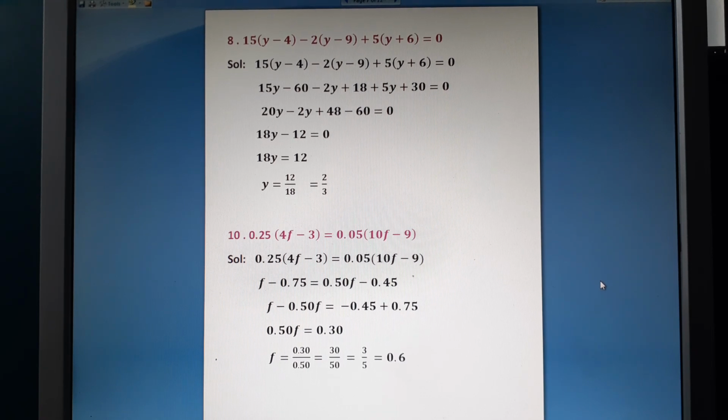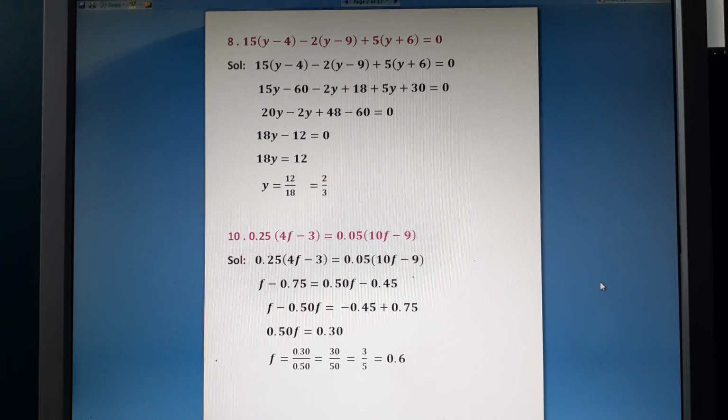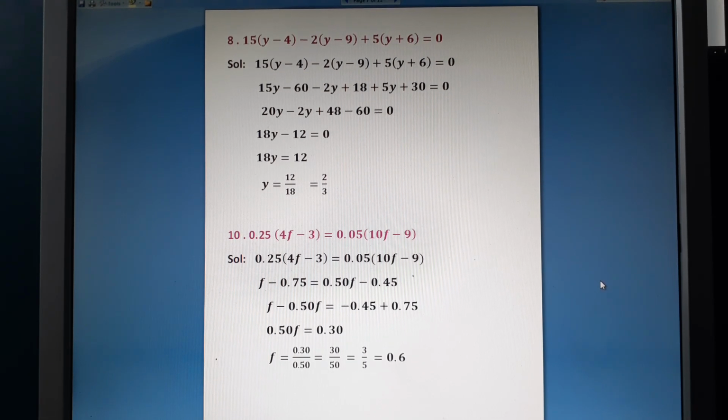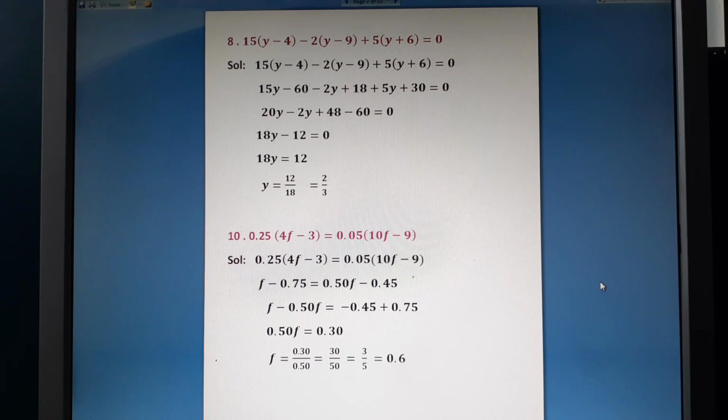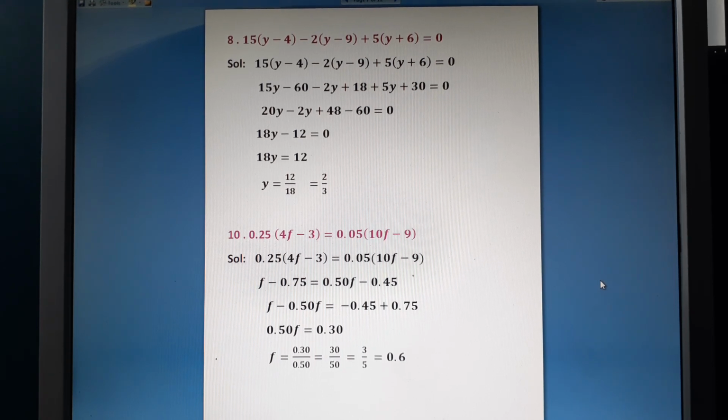Question number 10. 0.25(4f − 3) = 0.05(10f − 9).